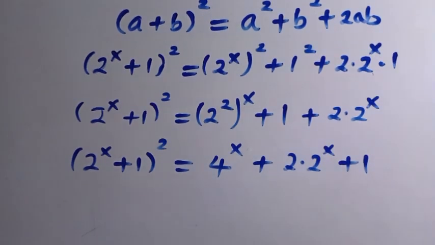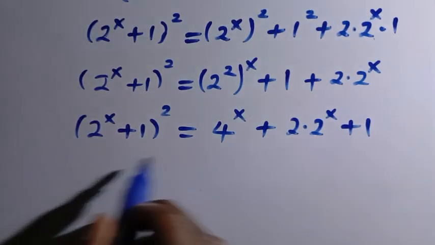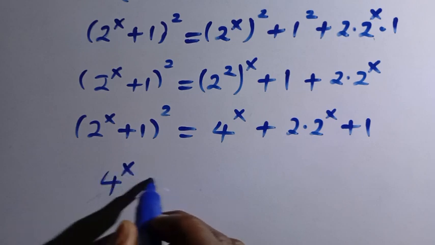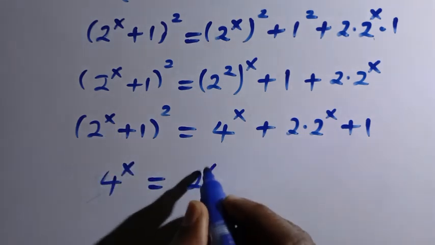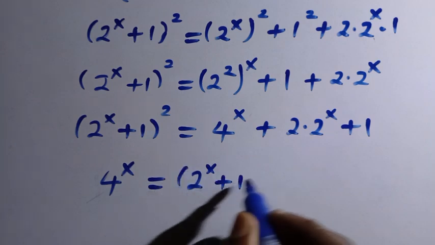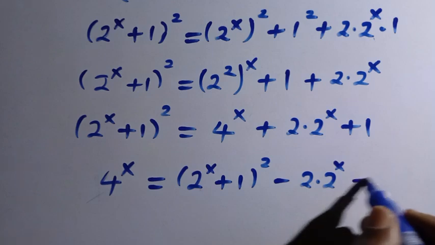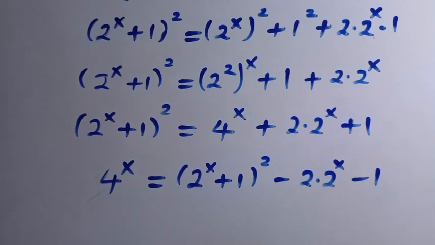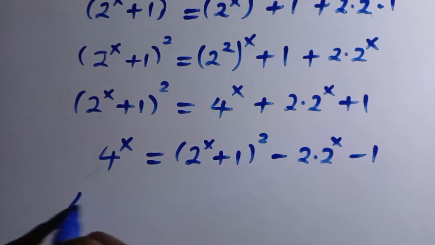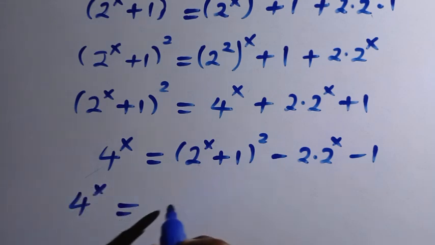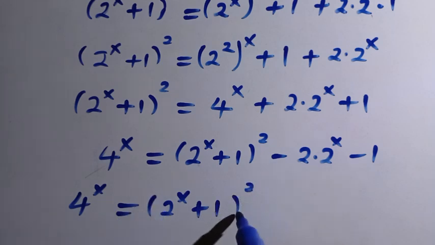And then let's try to make 4 power x the subject of the formula. By doing that, we have 4 power x equals, so we transfer the whole of this to this side, 2 power x plus 1 raised to power of 2 minus 2 multiplied by 2 power x minus 1. Okay, so if this is what we have, let's say we have 4 power x equals 2 power x plus 1 all raised to power of 2.